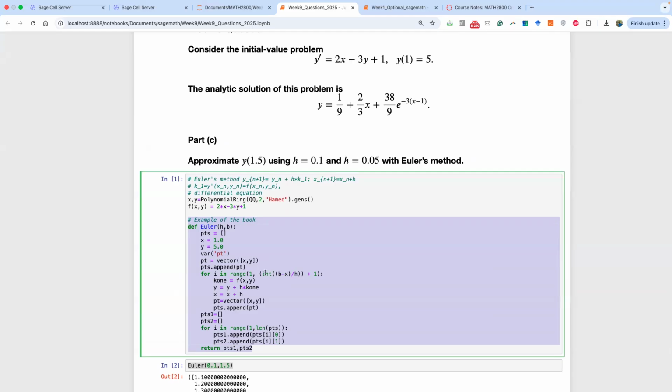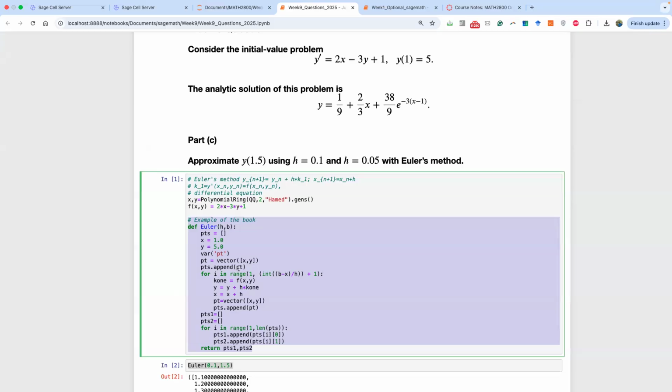So I've got just an integer here, and since it's Python or Sage, I will add +1. So this will repeat from 1 to 6, not including 6. In fact, it will repeat this process just 5 times, which we need.